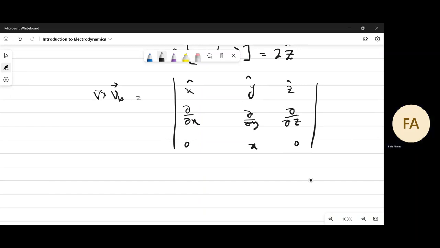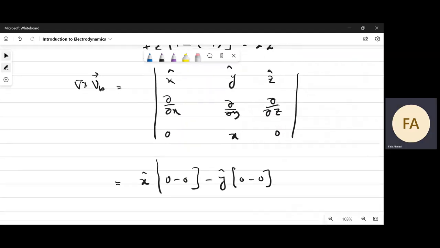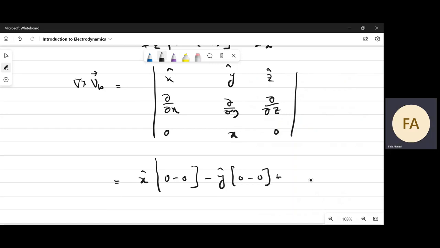In the same way, x times 0 minus 0, plus minus y times 0, 0, plus z times 1 minus 0.